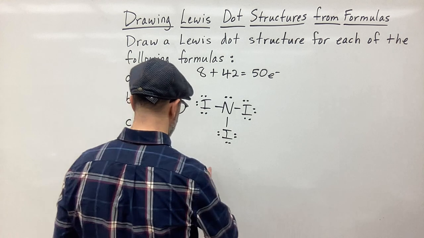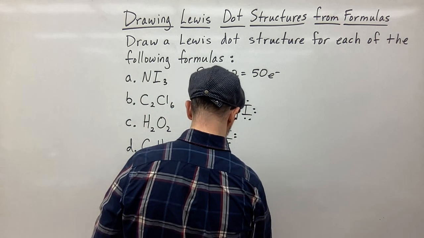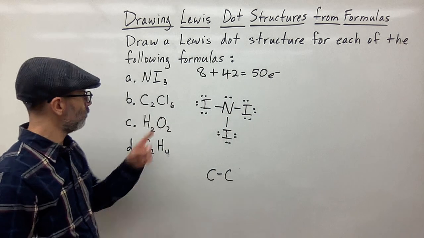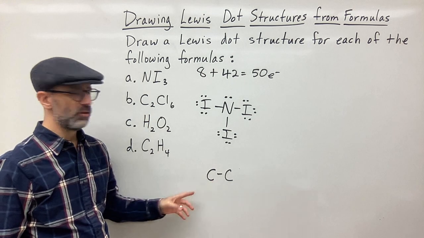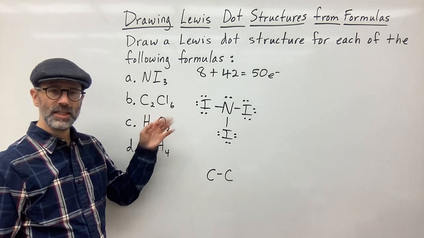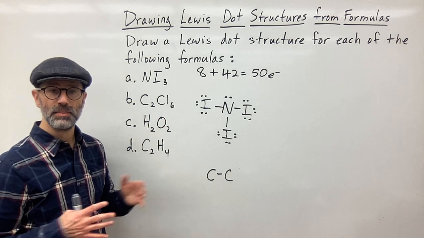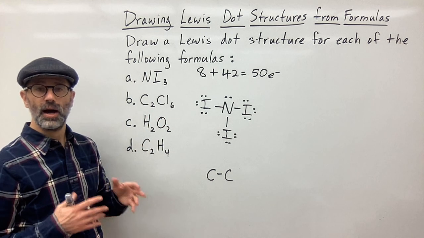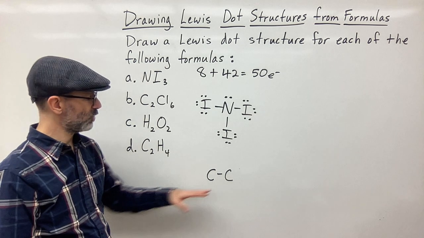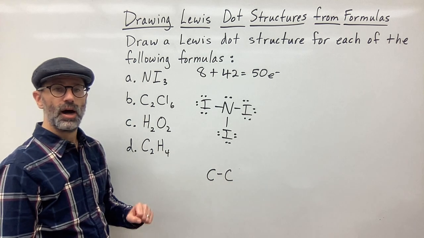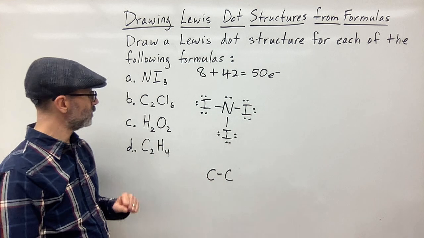So we're going to go ahead and create our skeletal structure using this. So the two carbons are going to be bonded together, and then we're going to bond the chlorines on both of the carbons. Now, what I said before in my last video is you always want to pay attention to symmetry. Symmetry is going to be a guiding principle when you're making your Lewis dot structures at points, especially if you have multiple central atoms.